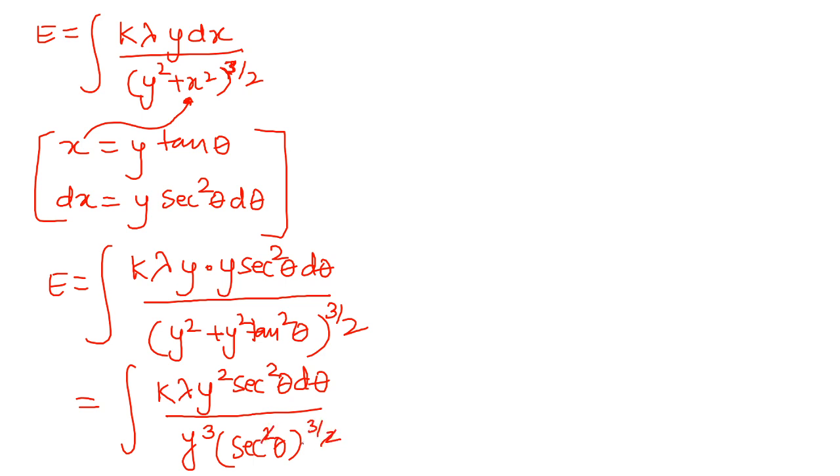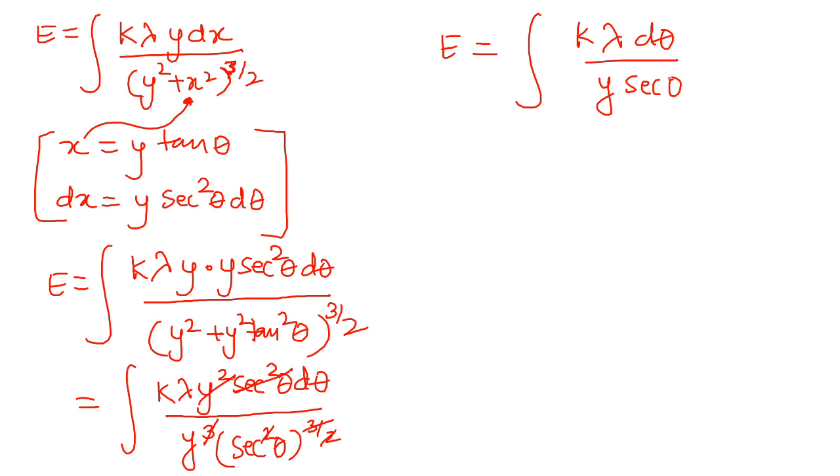This cancels, so you are left with sec cube theta. So this sec square theta and this cube also get cancelled. This y square and this y cube, y square got cancelled. Effectively, what you are left with is integral of k lambda d theta divided by y sec theta.